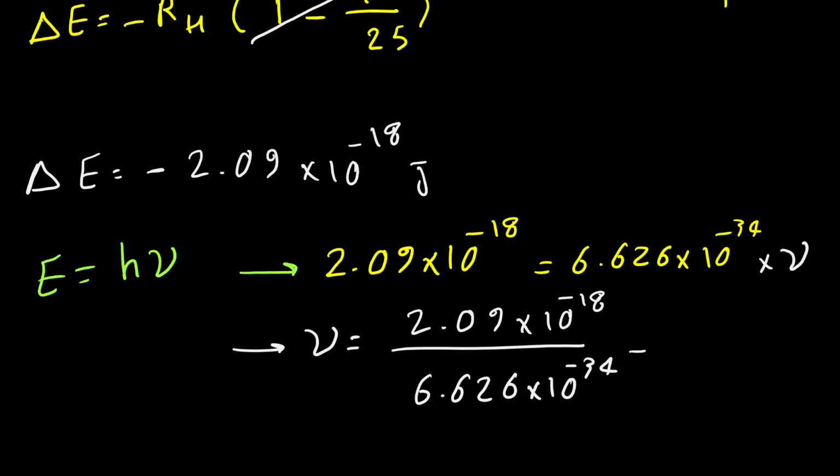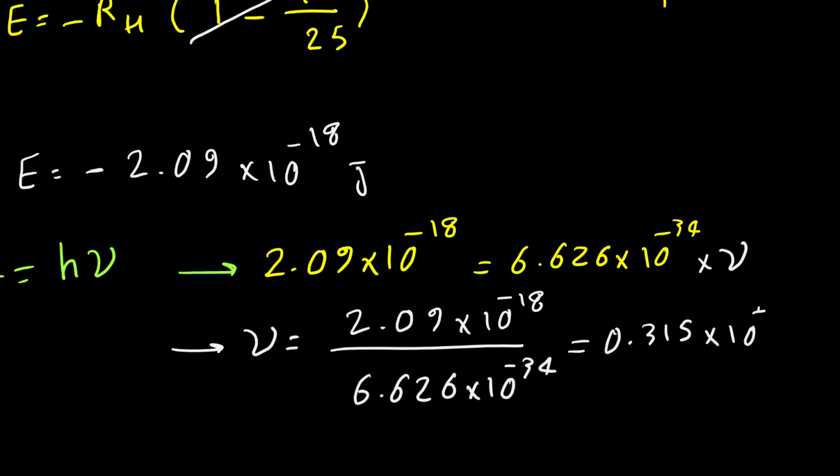The answer is equal to 0.315 times 10 to the positive 16. And if we write it in scientific notation, we have to move the decimal and write it in this form: 3.15 times 10 to the positive 15 hertz.